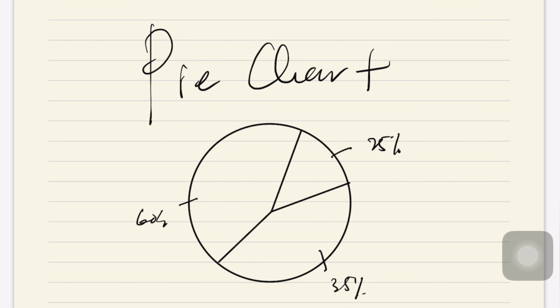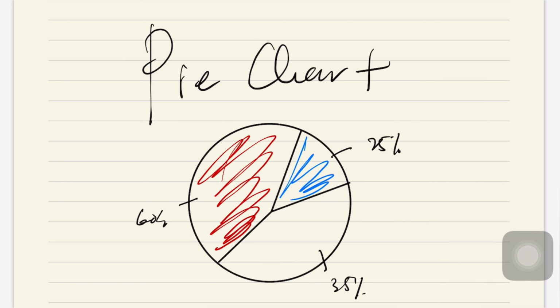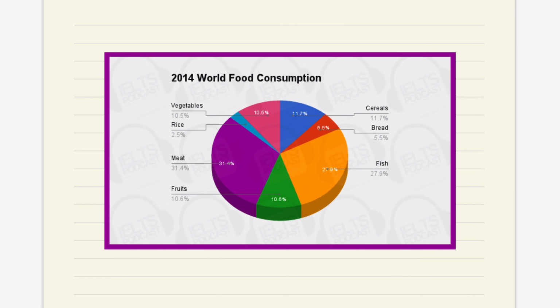The best way to present your data in a pie chart is to compare the categories with each other. This pie chart shows the shares of total world food consumption held by each of 7 different food types in 2014. Meat is consumed the most at 31.4%.